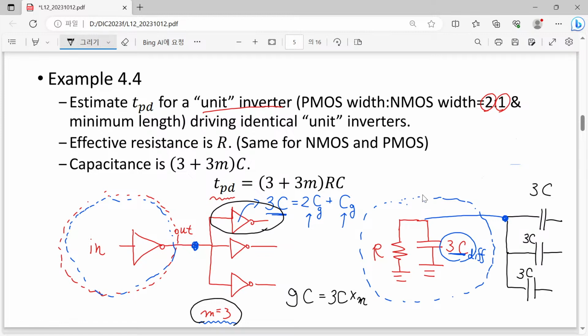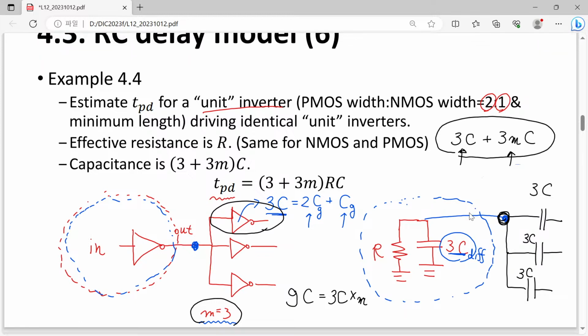Okay, so overall, from the viewpoint of this output node, there are 3C from the inverter itself and 3MC from their loads, M copies of our load inverters. So that will be the overall capacitance connected to this output node.